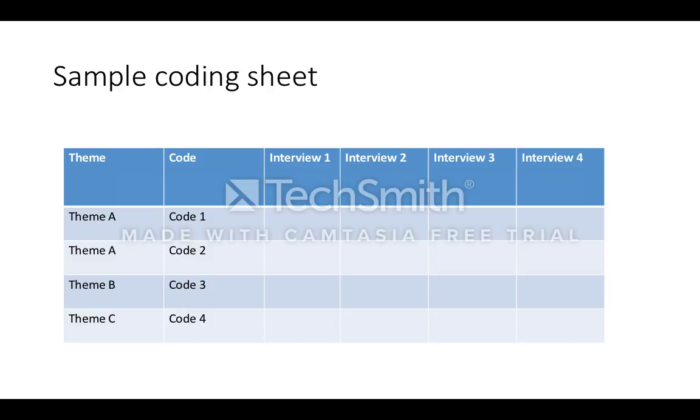So for example, if I was reading a transcript about people's experiences beginning counseling with a social worker, and my theme A was emotions experienced, code 1 could be anxiety, code 2 could be hope.